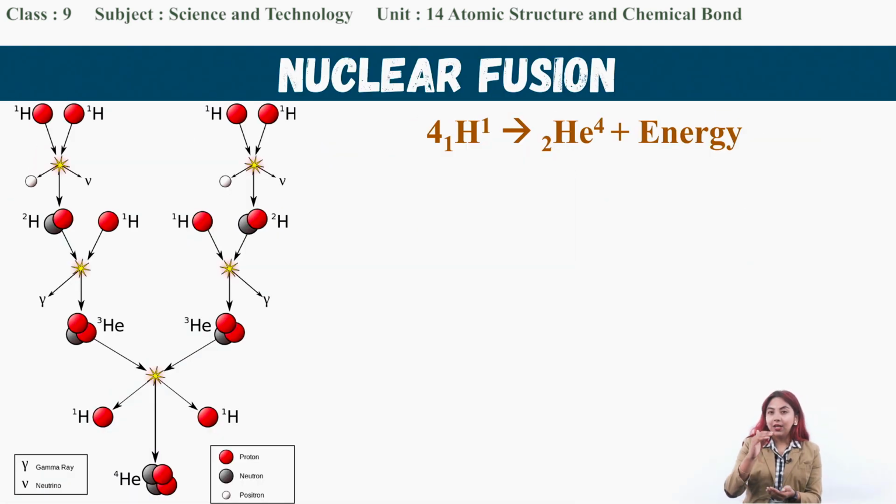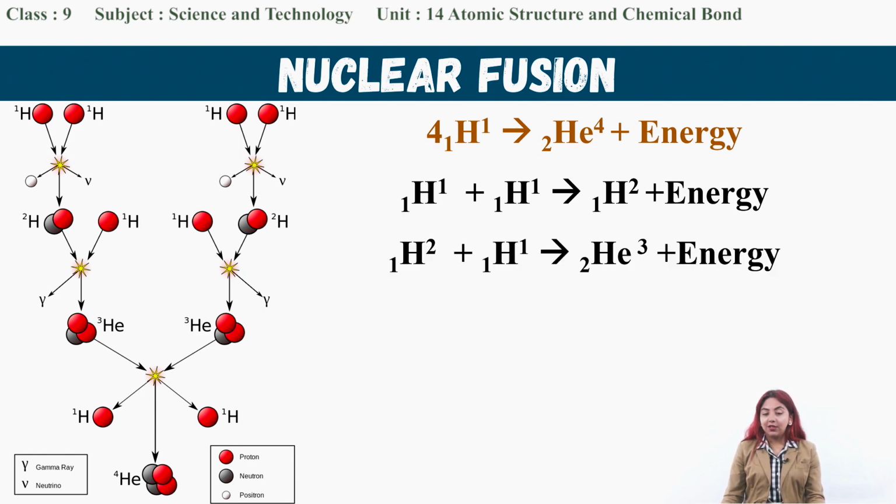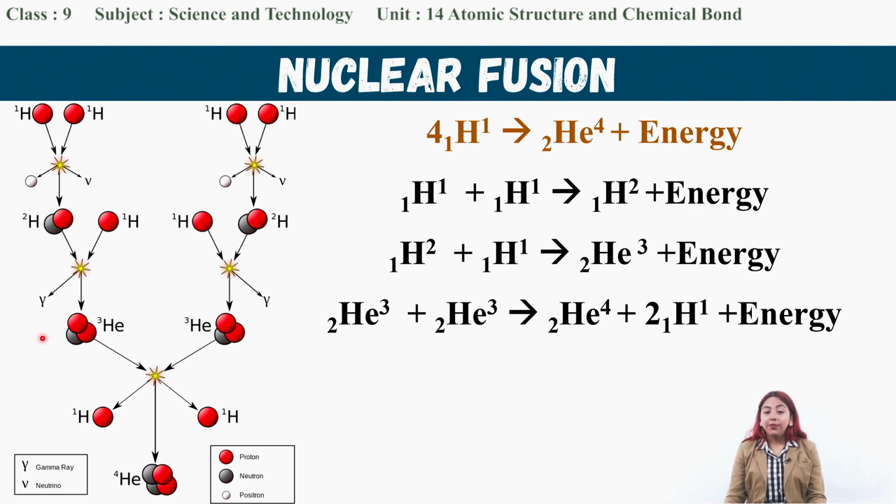Now let us study this reaction in detail by understanding the stepwise reaction. At first, you can see that two protium fuse together to form deuterium, an isotope of hydrogen. It is also represented here in the figure, and a tremendous amount of energy is also released in this step. Now this deuterium that is formed again reacts with protium to form a lighter helium isotope with atomic mass of 3.